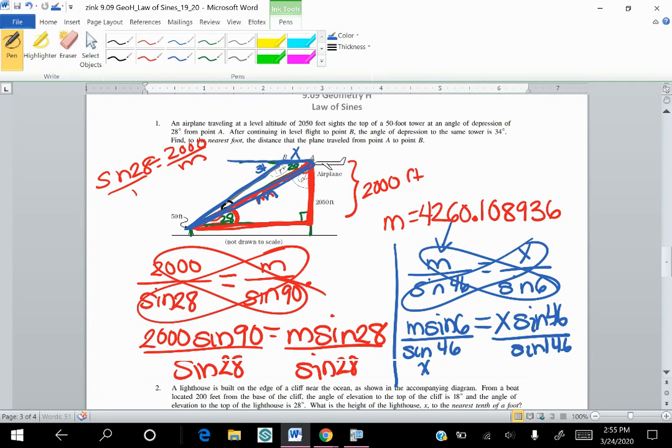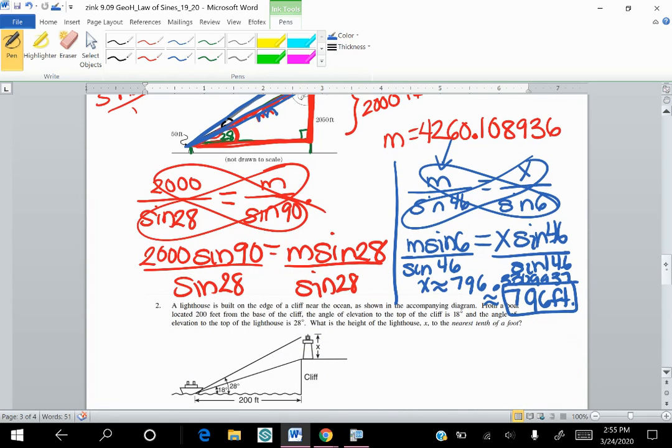And again, write out your entire decimal. And then round it. It says this time to the nearest foot, so 796 feet for your final answer.